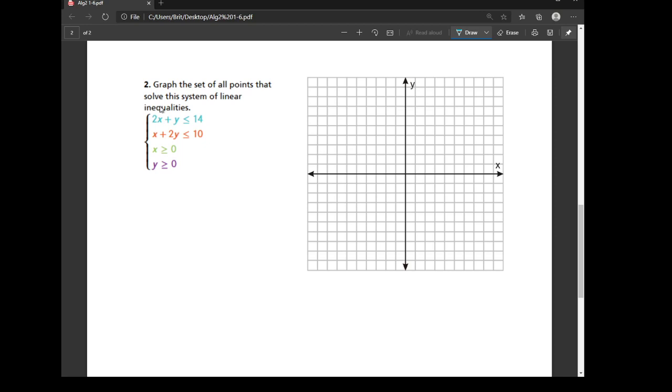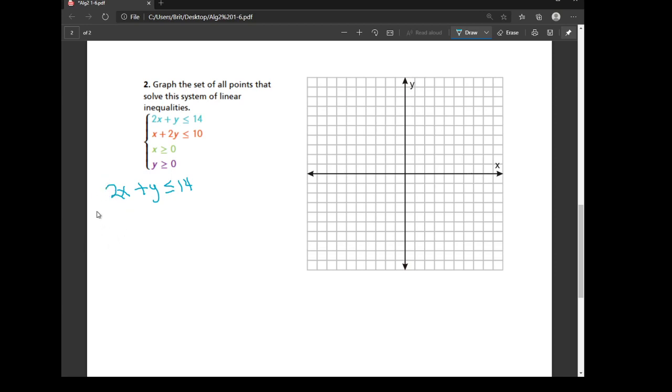So my first inequality says 2x plus y is less than or equal to 14. I can either put it in slope-intercept form, y equals mx plus b, and graph it that way, or I can graph it in standard form. I'm going to try to find the intercepts right away.